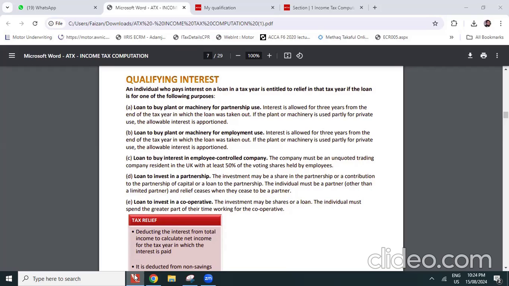So Nokia is a practical example of an employee control company and a cooperative society. Long ago, when you started your ACCA with the paper FBT or F1, a teacher explained what a cooperative society is. A cooperative society is formed to achieve an objective.